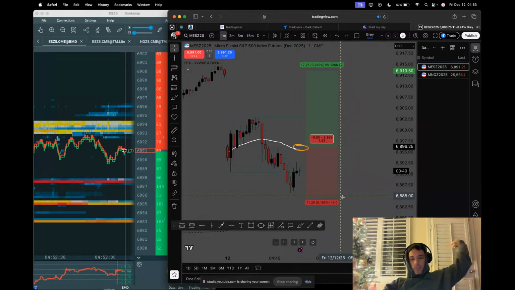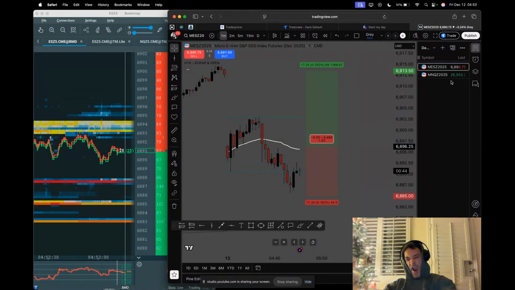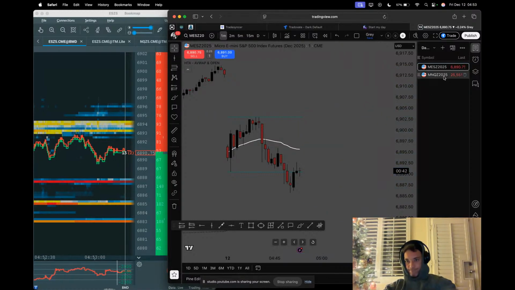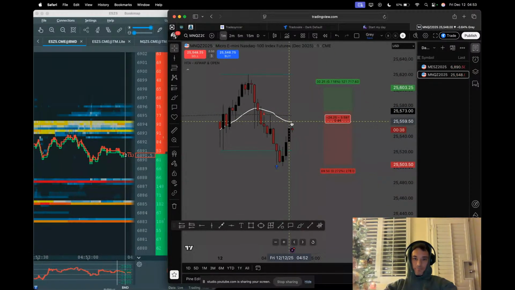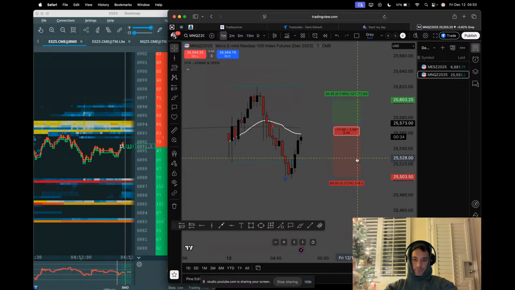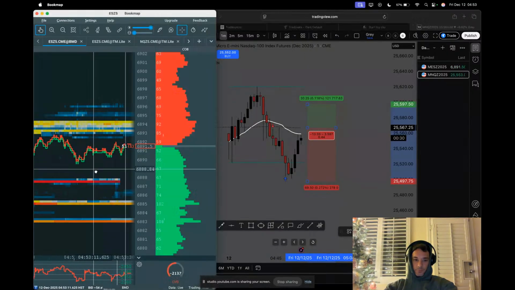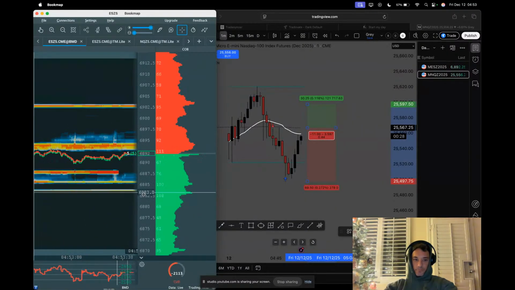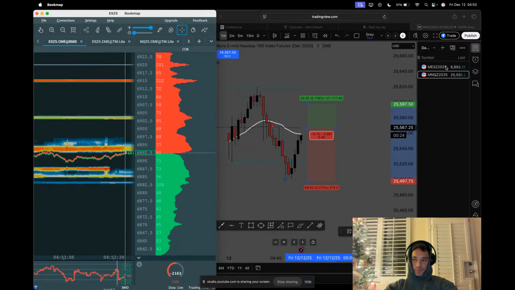I mean Q has probably done it. Still have 2 VWAPs that price needs to break through. $69.15. Orders are filling up above.